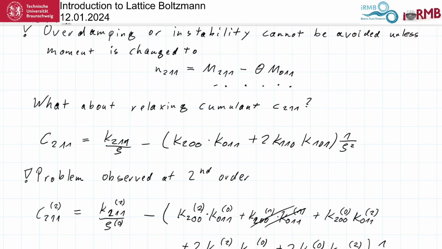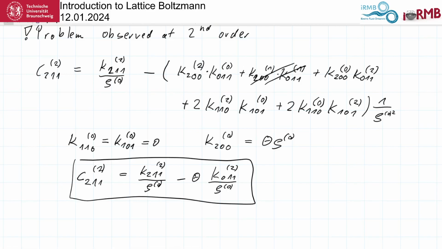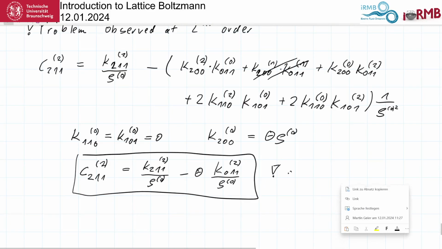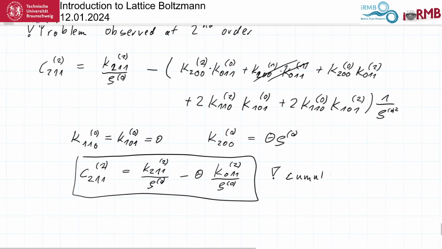So it is not only the same, it is not only removing this correlation in the static frame of reference, but it is also, first of all, making the moments independent, and it does so in any frame of reference. So it's also Galilean invariant, which the other version would not have been. So this means that now the cumulants actually succeed. Of course, this is also observed in simulations.